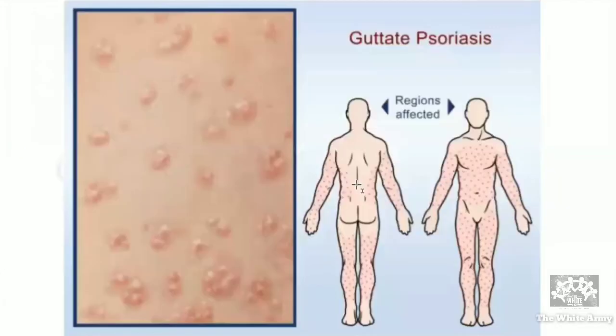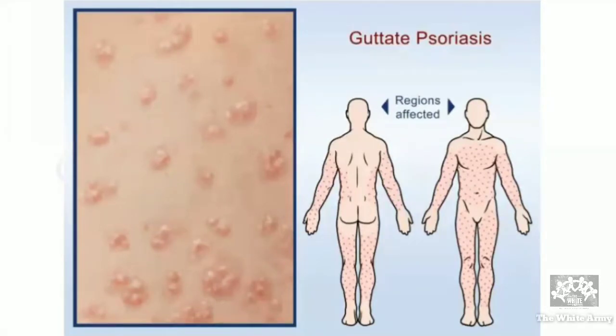Again, the regions affected are mainly the trunk. Okay, trunk. And you also need to understand that for most dermatological diseases, if the causative agent is systemic, the lesions are usually in the trunk, whereas if it is local, it's usually in the extremities.